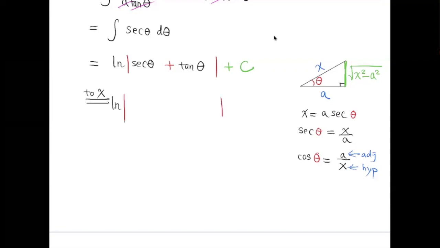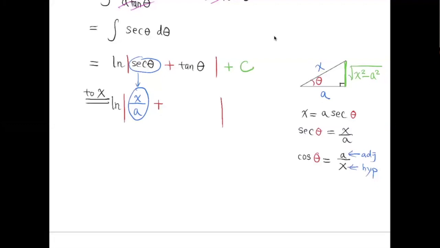Now secant is the reciprocal of cosine, so secant theta will be hypotenuse over adjacent. So secant theta here will be x over a. And then adding tangent theta. What is tangent theta? It's another trick here.